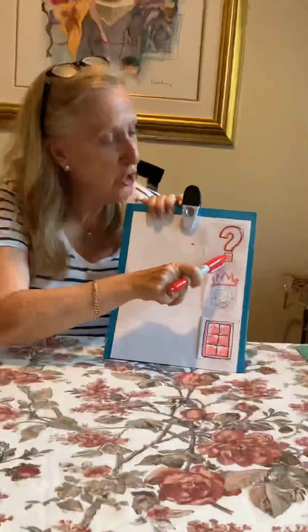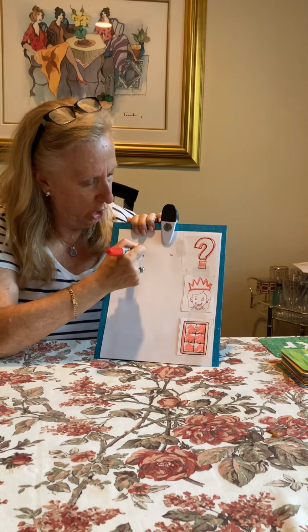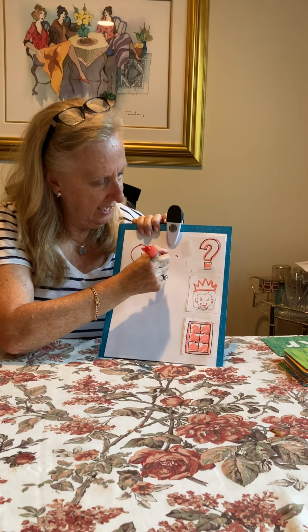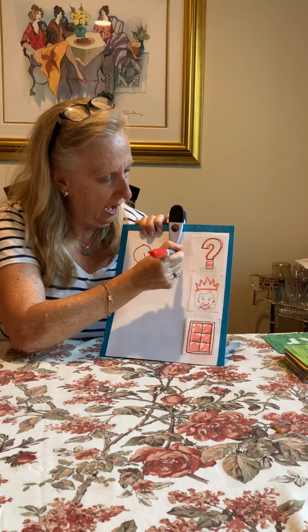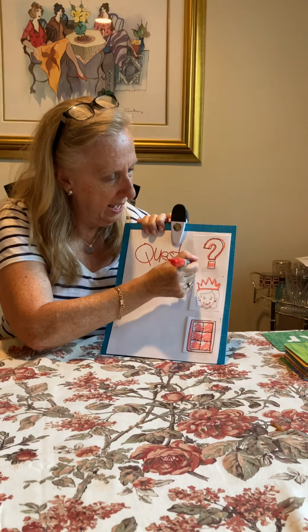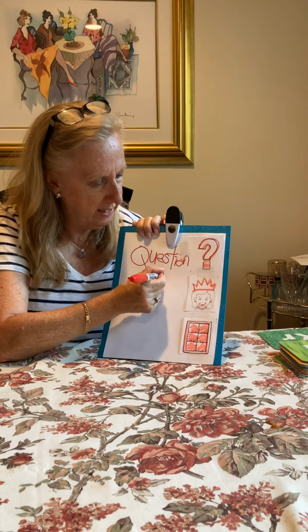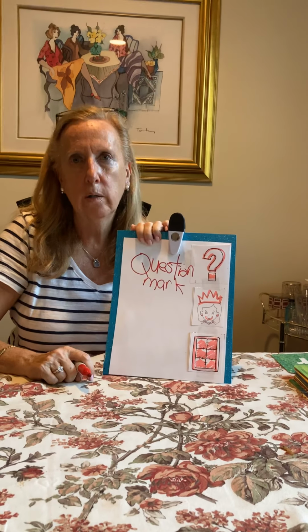That's a question mark. So let's just write question. Q, U, E, S, T, I, O, N, and we'll put a question mark because that really is what this is, a question mark.